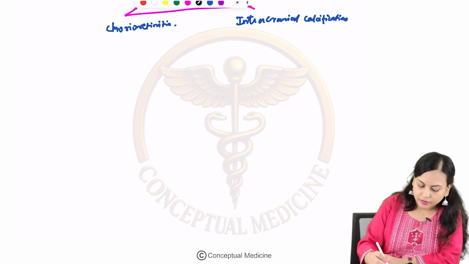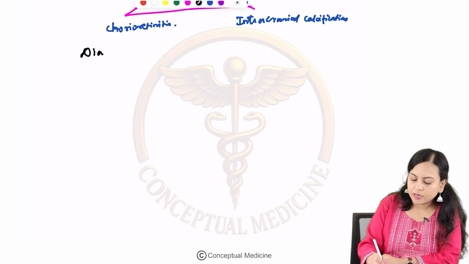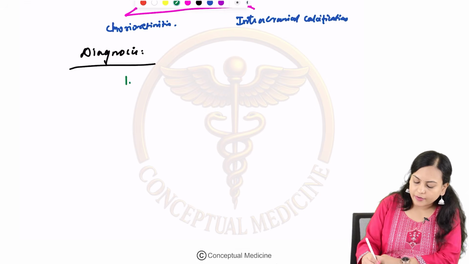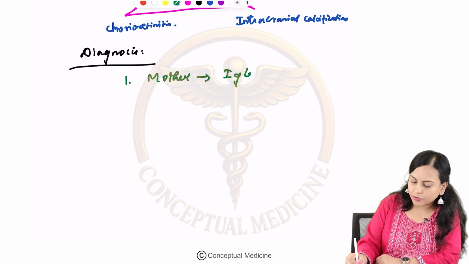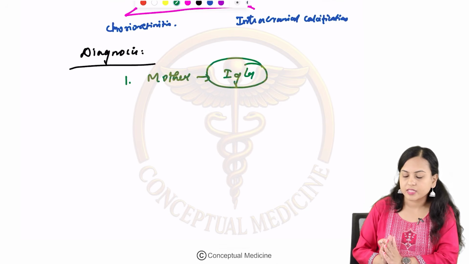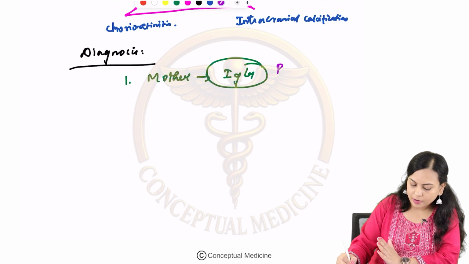Following this, we will see how we are going to make the diagnosis of the infection. Remember, diagnosis can be made in the mother when you detect IgG antibodies, which are seen mostly in a past infection.